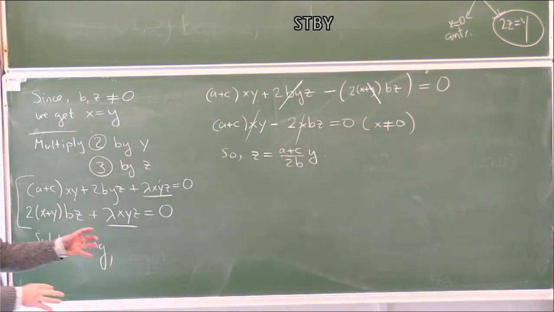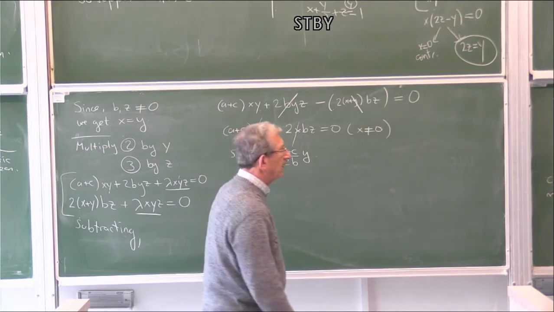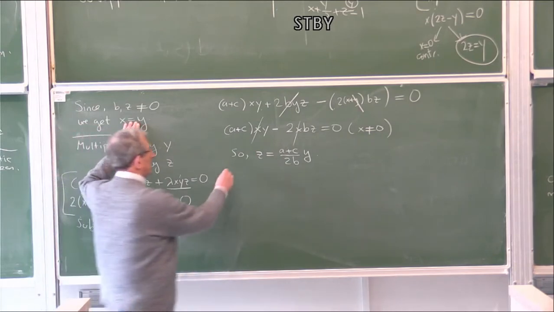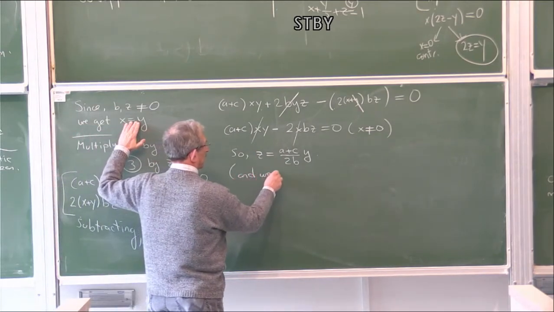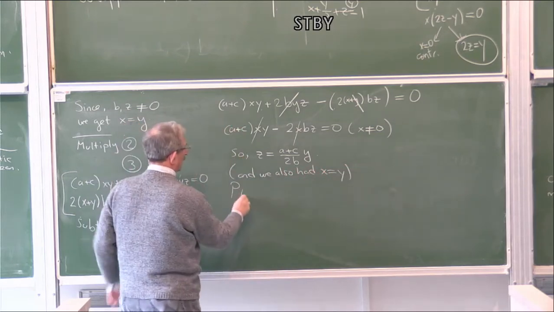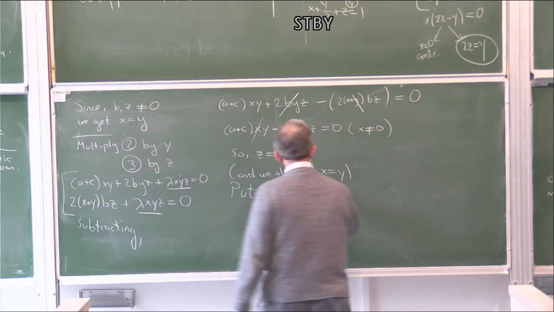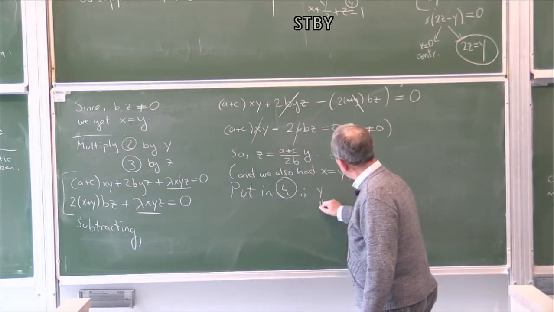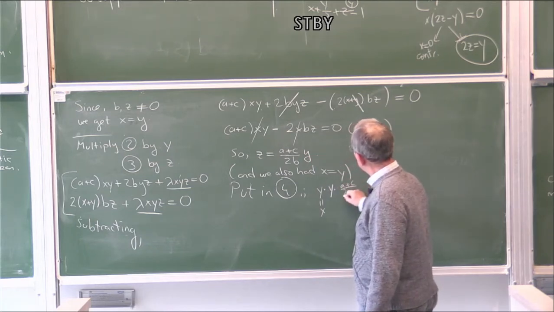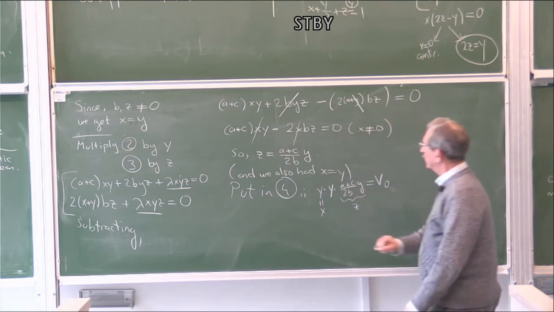Now, this information is sufficient for us because we already know that in these calculations, okay, x is y. So put in 4. That means, okay, we have x, we have y, we have z, equal to v0.